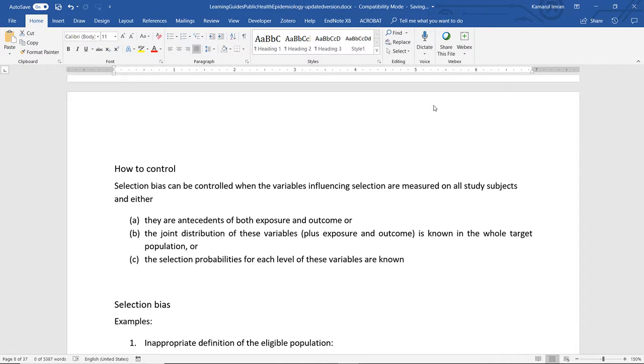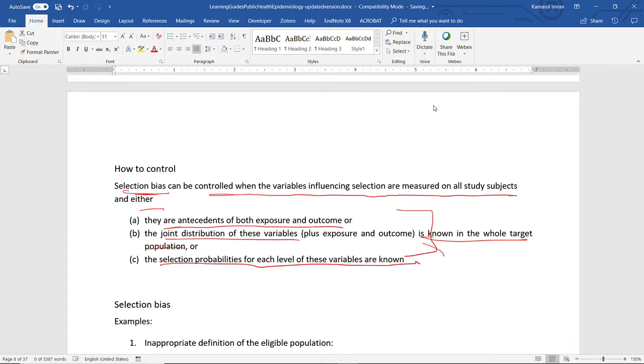So how to control selection bias? Can be controlled when the variables influencing selections are measured on all study subjects, and either there are antecedents of both exposure and outcome, the joint distributions of this variable is known in the whole target population, and the selections probabilities for each level of these variables are known.